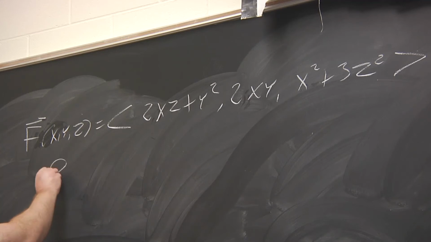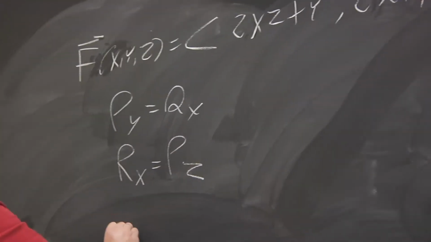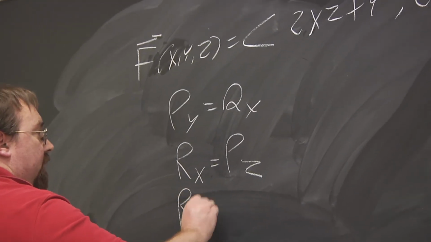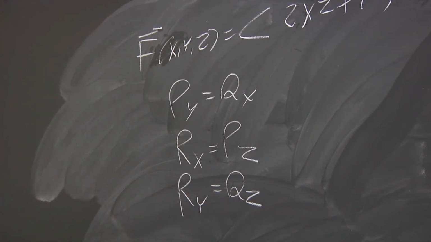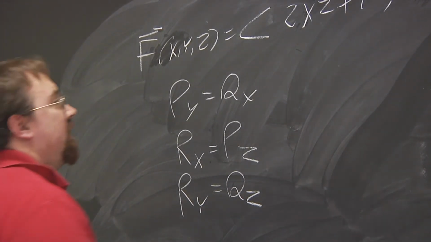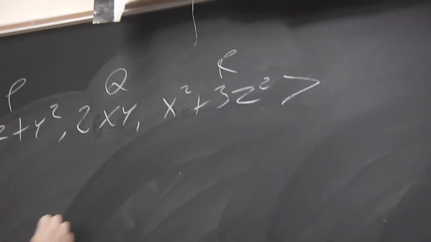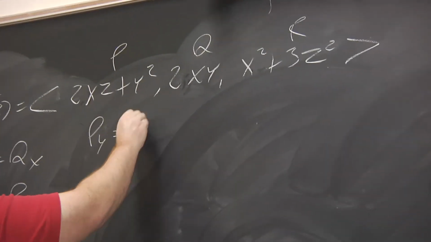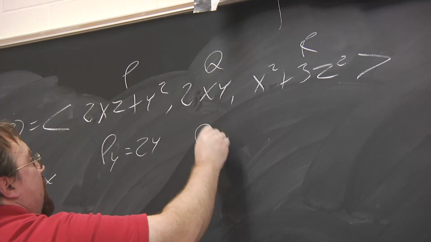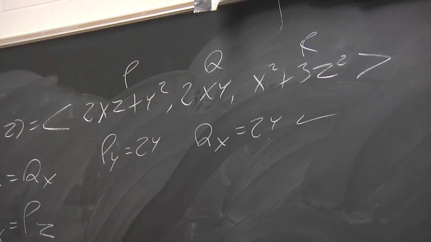So we need py equals qx, rx equals pz, and ry equals qz. Well, let's do P, Q, and R. So py is going to be 2y. Qx is going to be 2y, so that works.